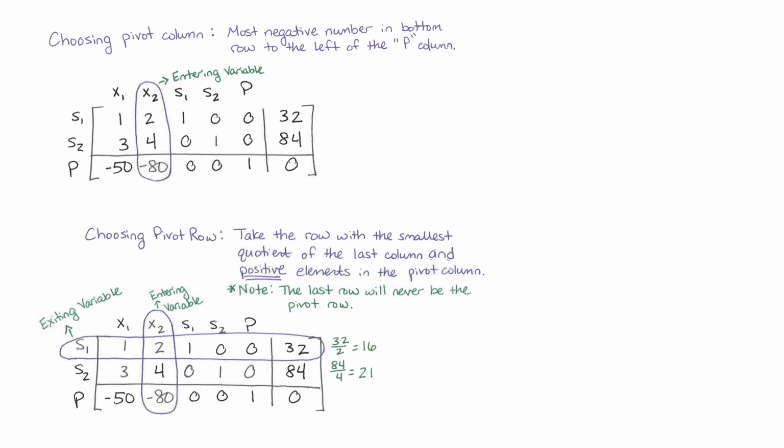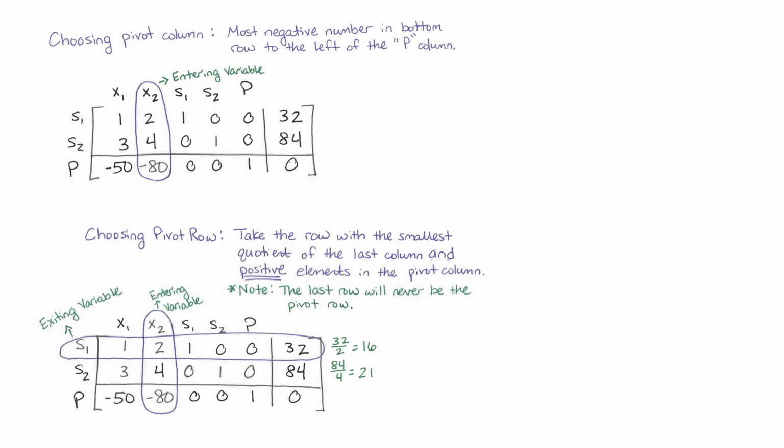So notice that we had 32 over 2, which is 16, and 84 over 4, which is 21. So because 16 is the smallest quotient, row 1 is going to be the pivot row. And because S1 was the variable representing row 1, it is now the exiting variable. So it is going to exit the basis.